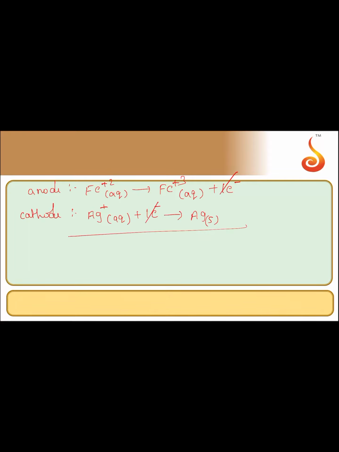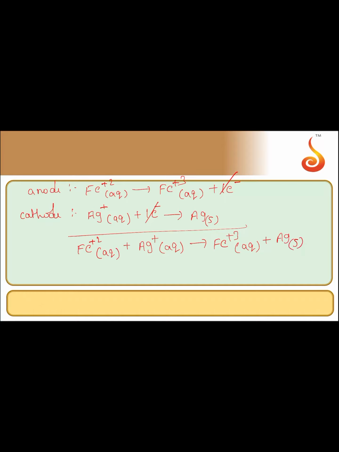Overall cell reaction is Fe2+ plus Ag+ gives rise to Fe3+ aqueous plus Ag solid.